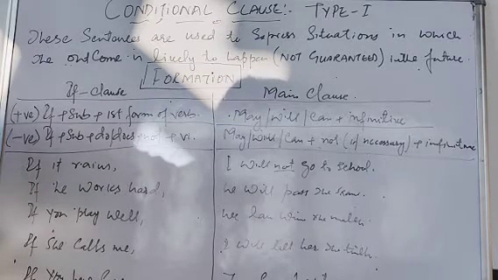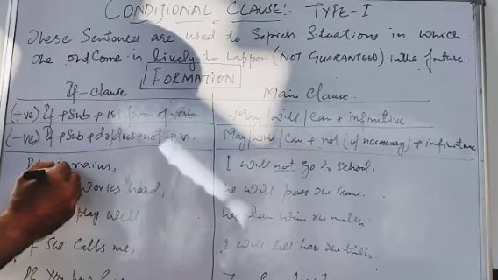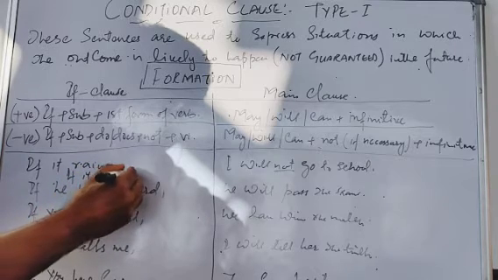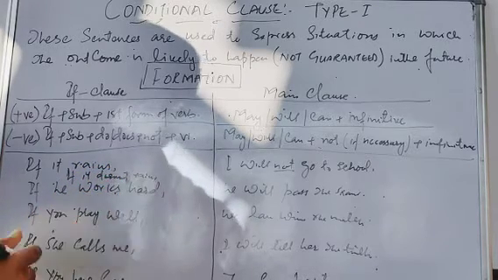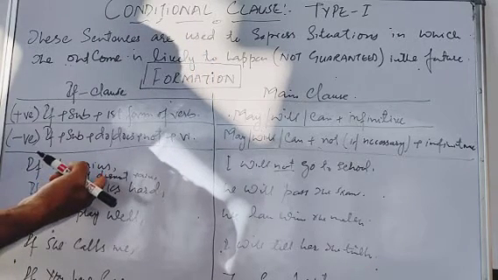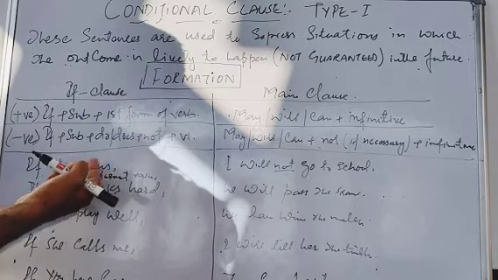If we have to make it negative, how can we change it? Let's see. If it rains, we can make it like this: if it does not rain. We have already learned the rules of concord. If the subject is singular, we use the s verb, and here do may be used as does.